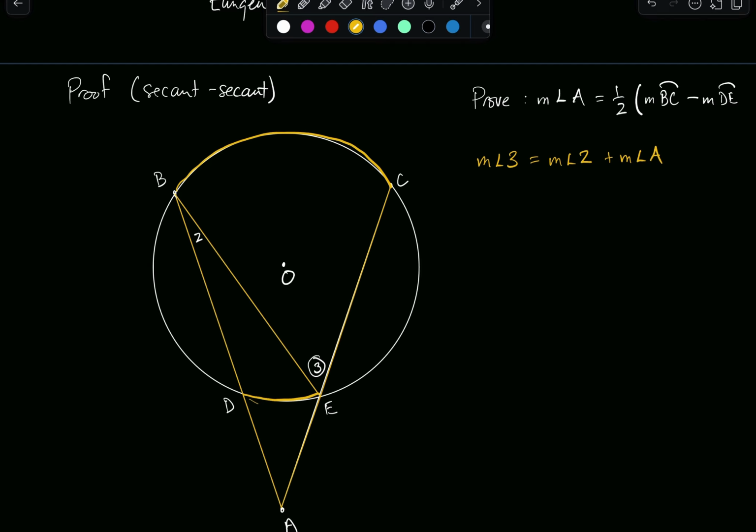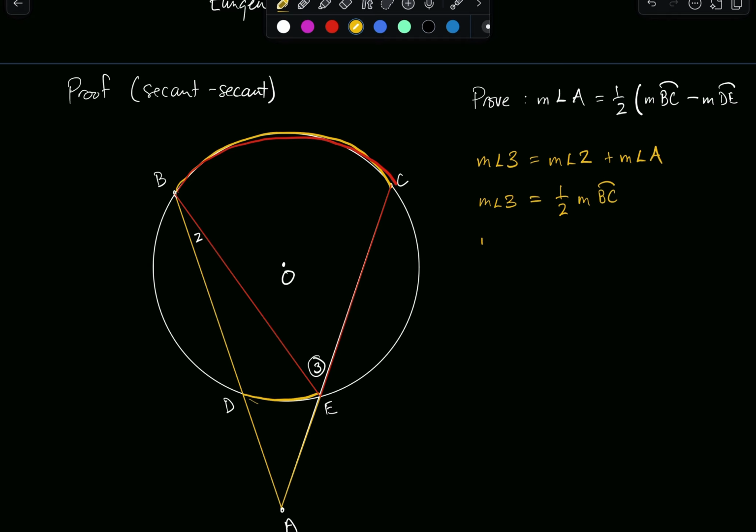Well, but take a look at a couple of other things. The first one is to note that angle 3 is also an inscribed angle. So if I look at this angle here, do you see how it intercepts arc BC? So that means that it is 1/2 the measure of arc BC.